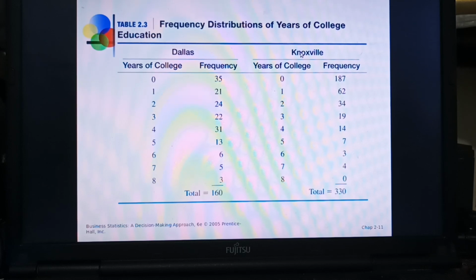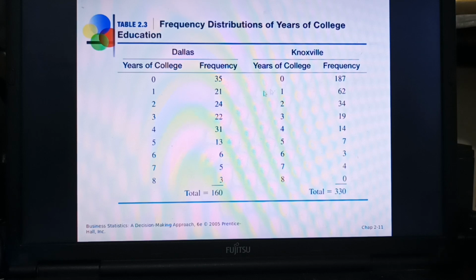Now for the respondents in Knoxville, there were 187 respondents that had no college education. Maybe they were just high school graduates.